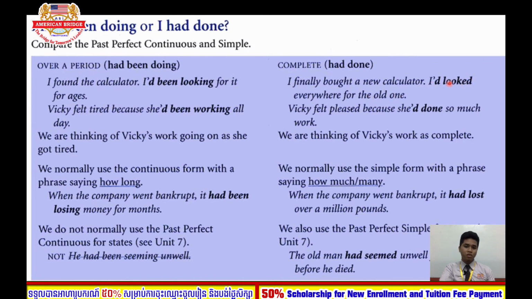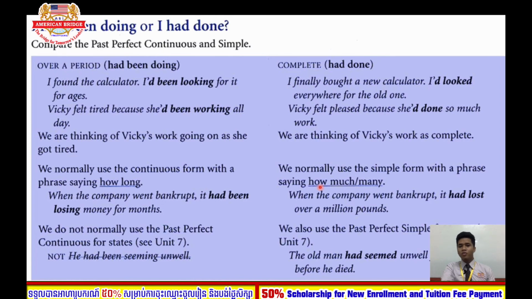So you have looked means you have looked everywhere for the new one. It's already finished. Okay, it's already complete. Normally, we use the continuous form with a phrase saying how long because we focus on durations, while we use how much and how many with the perfect simple because we focus on the completed action, right?